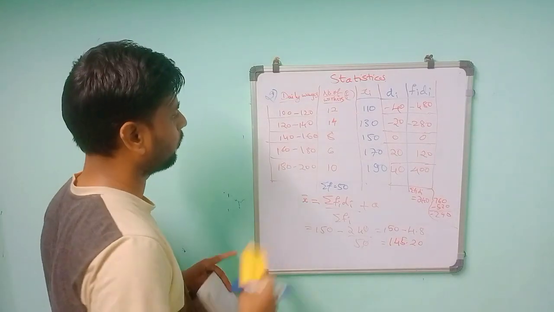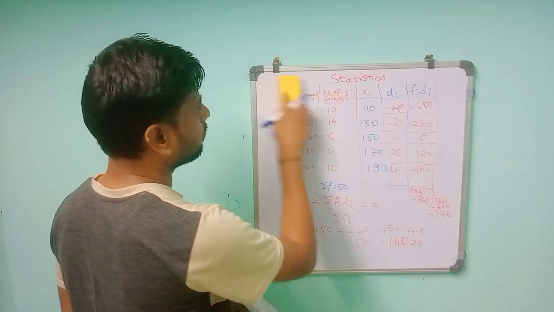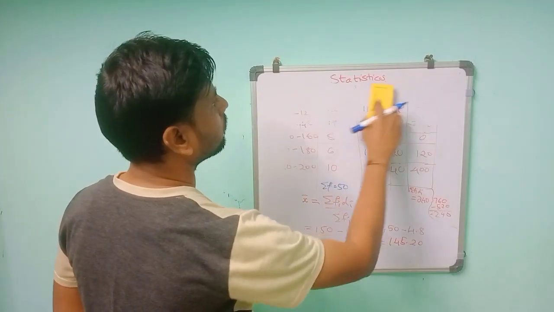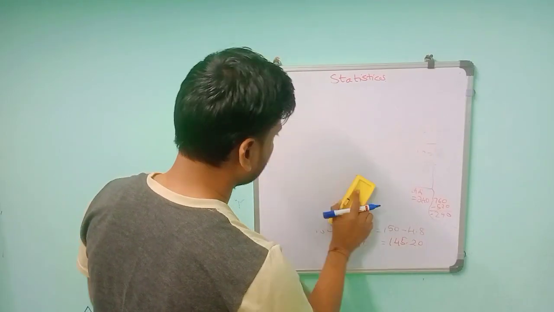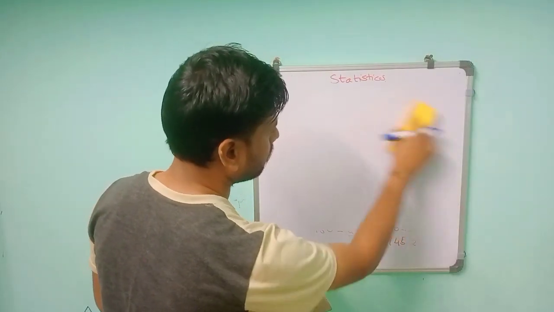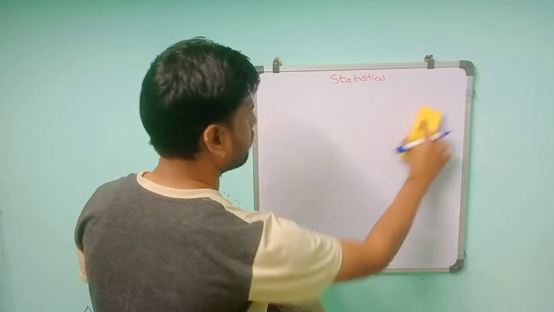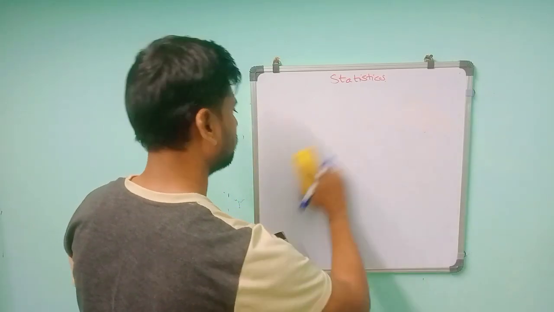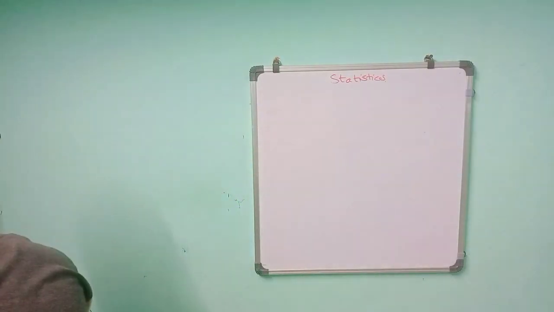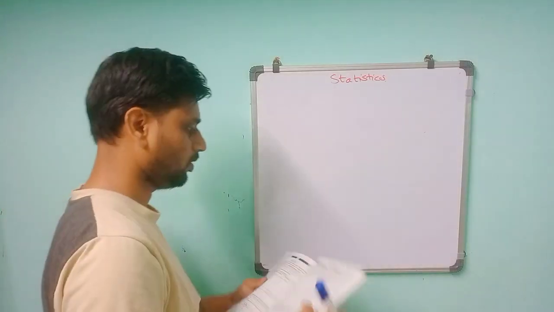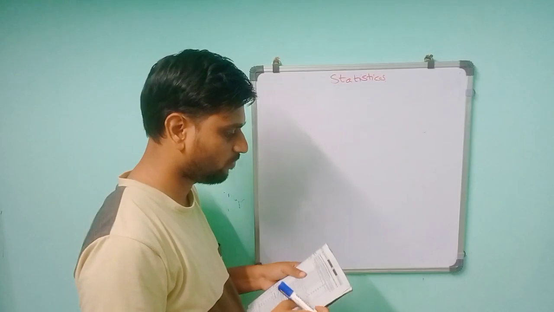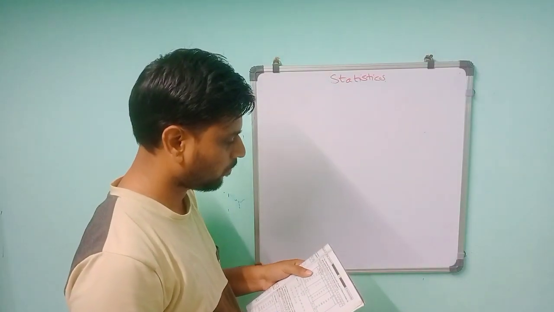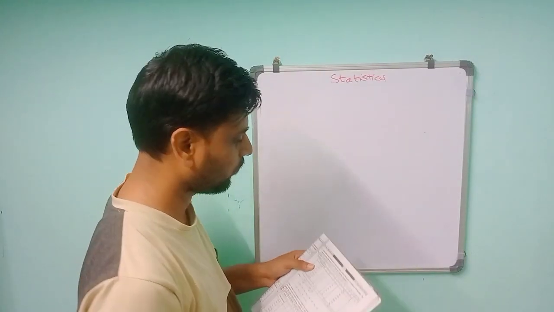And the third problem. The following distribution shows the daily pocket allowance of children of a locality. The mean pocket allowance is 18. Find the missing frequency f.